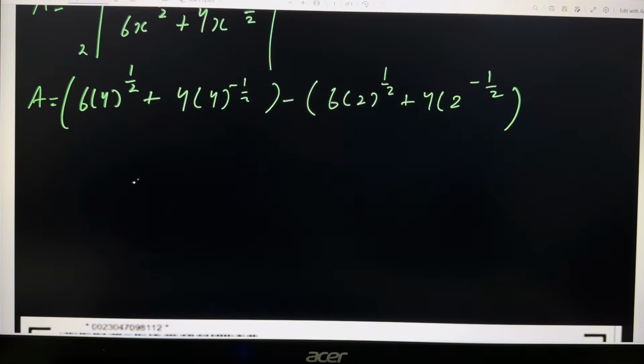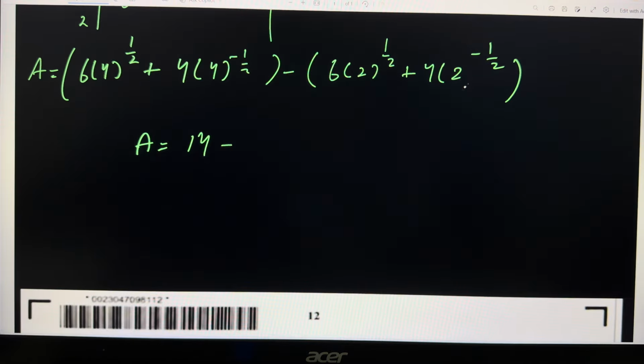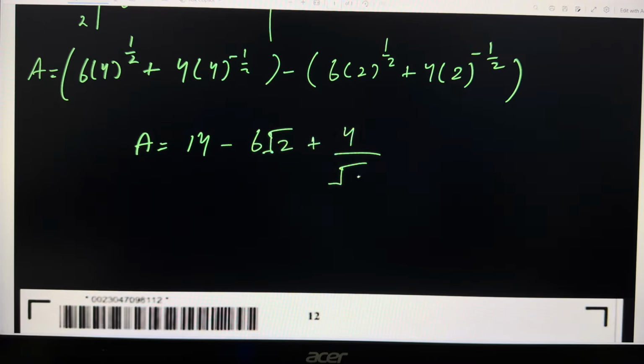So A is equal to 14 minus, now this gives me a decimal, so let me do it normally. I can write all this like so: 6 under root 2 plus 4 upon under root 2. Because this is a negative, this will go down under root 2.